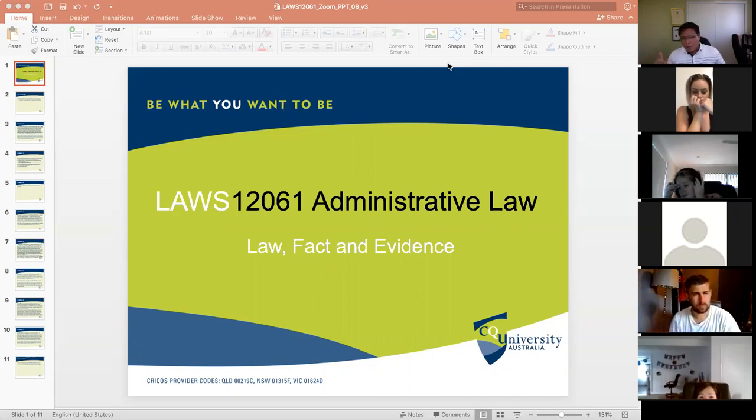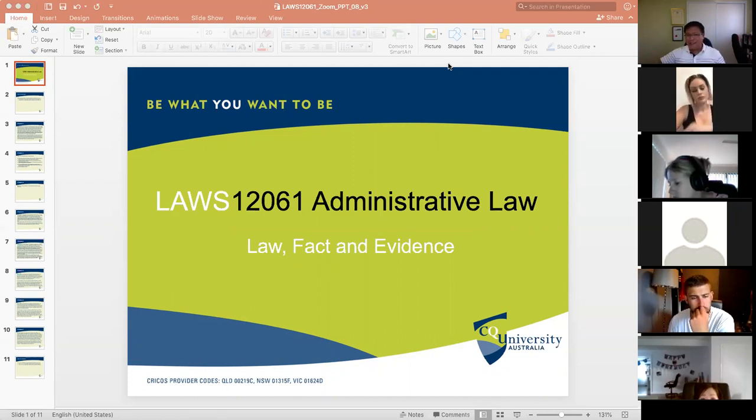Now, as we move towards the end of the unit, what we're beginning to do is to delve deeper into particular grounds for judicial review. And in the final assessment, you will then be faced with a task of identifying the legal issue.